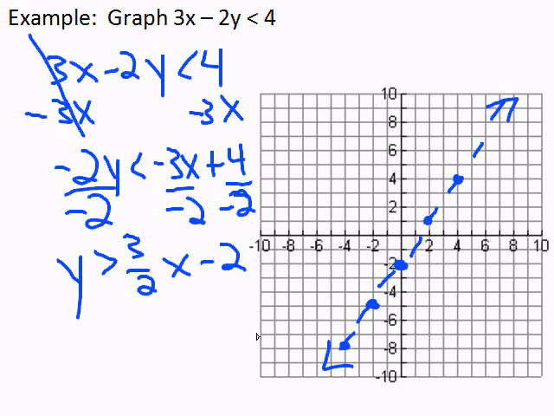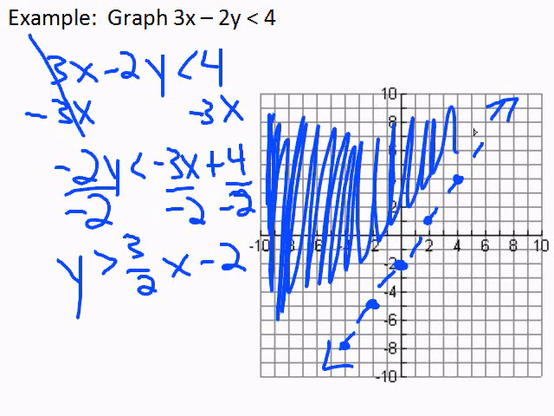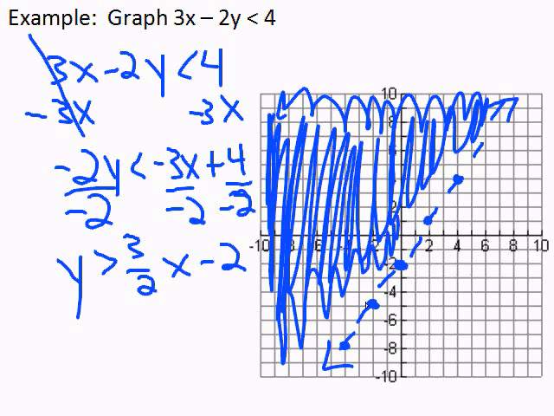The other weird thing is that we shade all of the points that are above the line, because y is greater than. That indicates that all the points above the line are solutions to the inequality. So again, when y is greater than, we shade above the line. When it's not equal to, we use a dashed line.